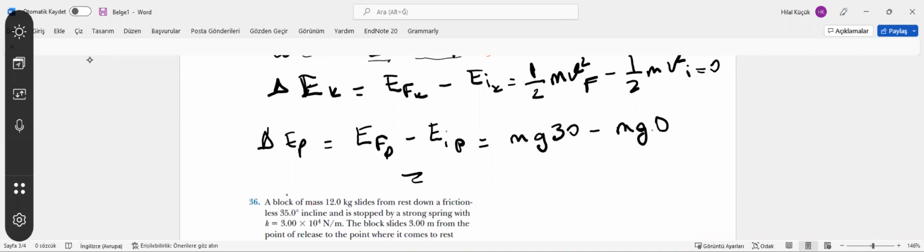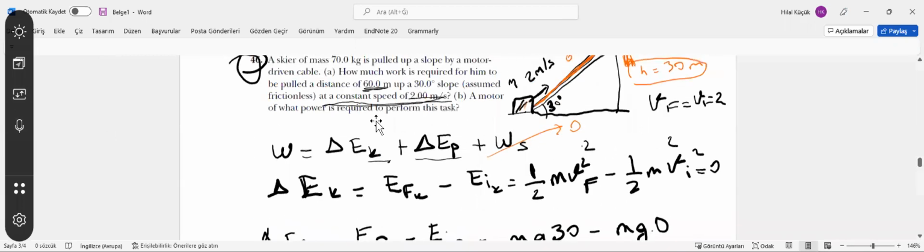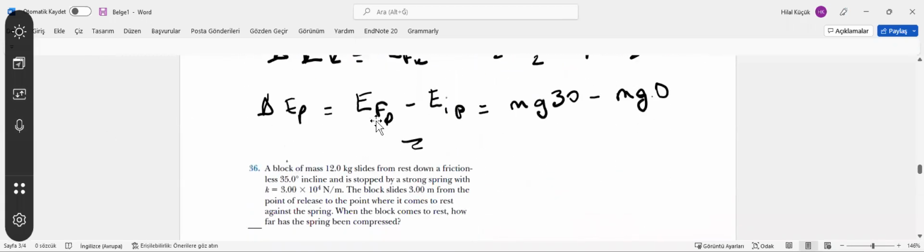Just put all the information. What was the mass? I want to check, 70 and 10, 30 will be, what was it? Which joule?